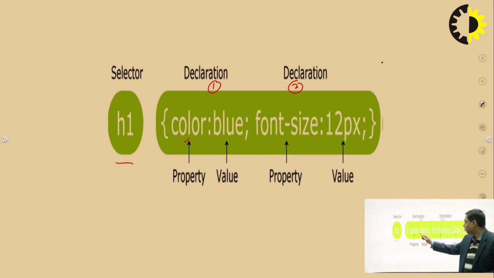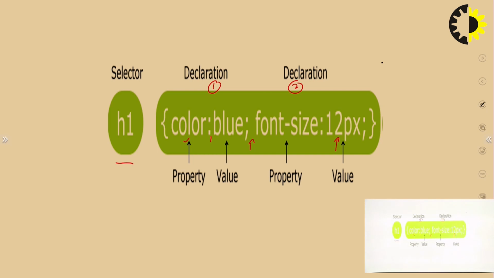Then we put a colon here to separate the property and value, and provide the value to this property. Here we are providing the value blue to the property color. Then to write the second declaration, we must use a semicolon here. The name of the property is font-size and the value is 12 pixels.